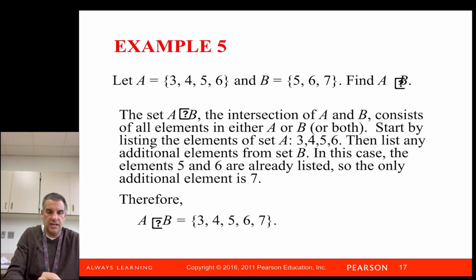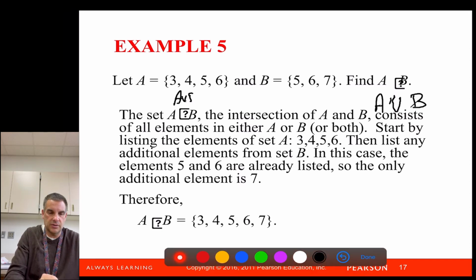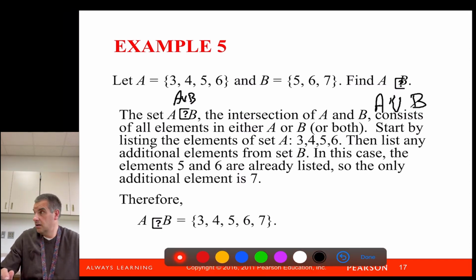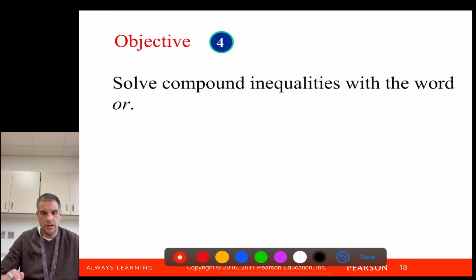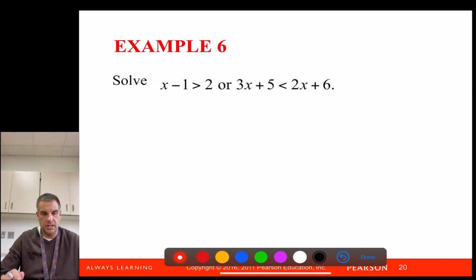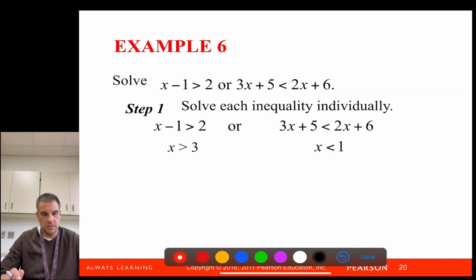So you just really start listing them. You start listing the ones in A, 3, 4, 5, and 6, and then you list any additional ones that are in B. So in this case, just 7 is the one in B. So it's kind of linking them both together.